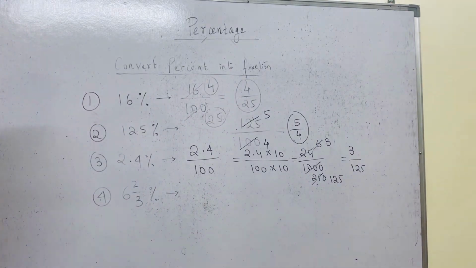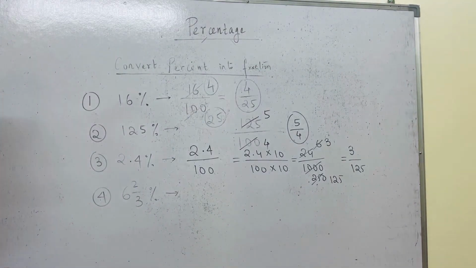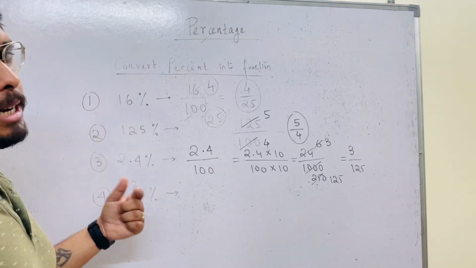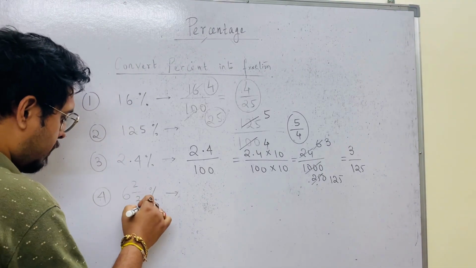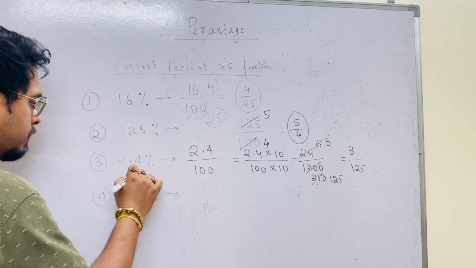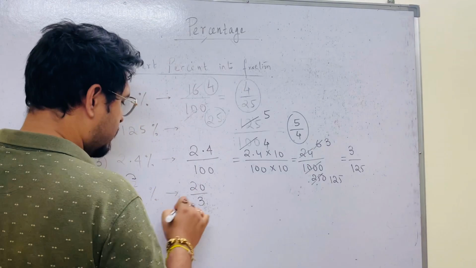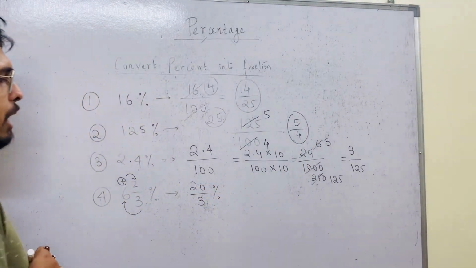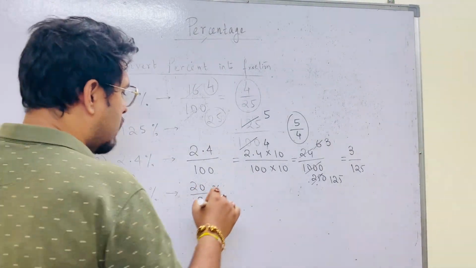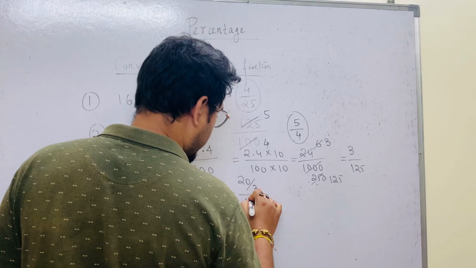Now for the fourth one, 6 and 2/3. It's a mixed fraction, so first we convert it into an improper fraction. We multiply 3 with 6, which is 18, and add 2, so the answer is 20 over 3%. Again, percent means out of 100, so it is 20 over 3 out of 100.